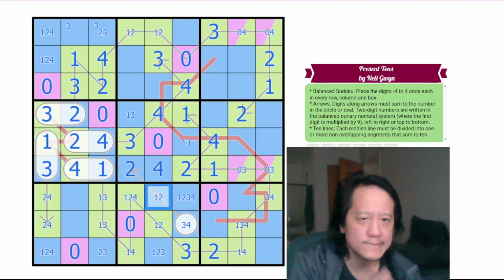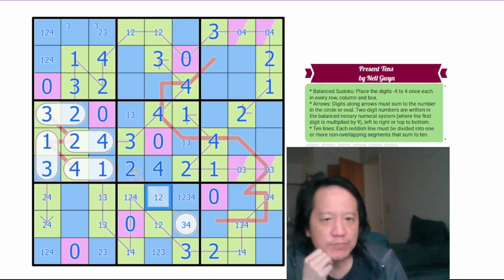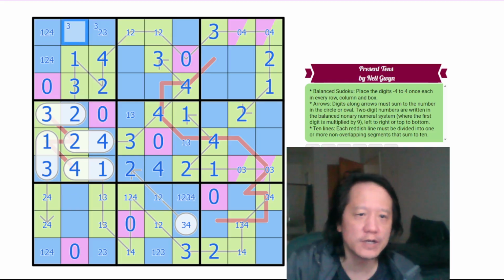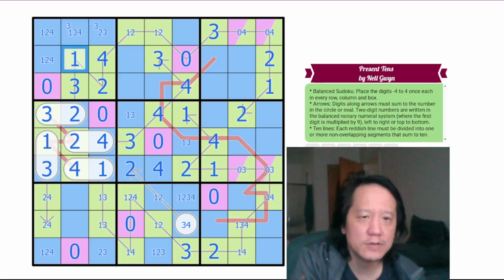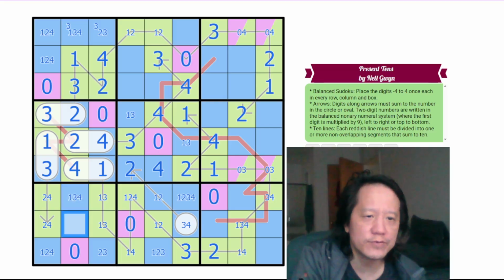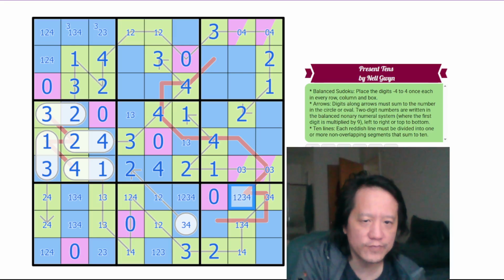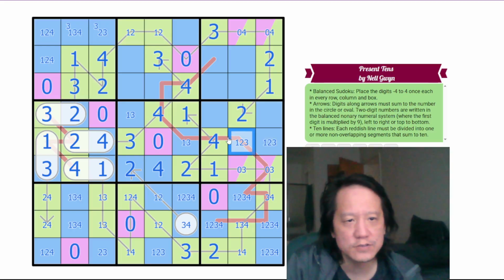Okay. Remaining negative digits in column 2 are -1, 3, and 4. This is -1 through 4 here. -1, 2, 3, and one of these is a 2.